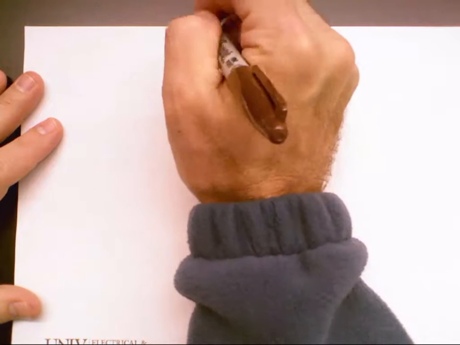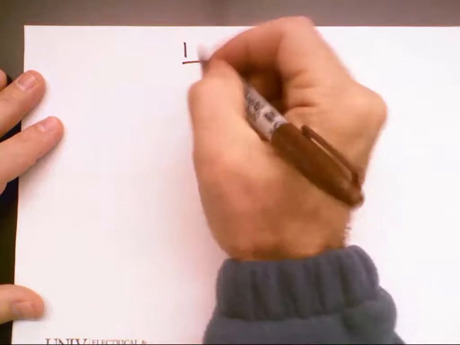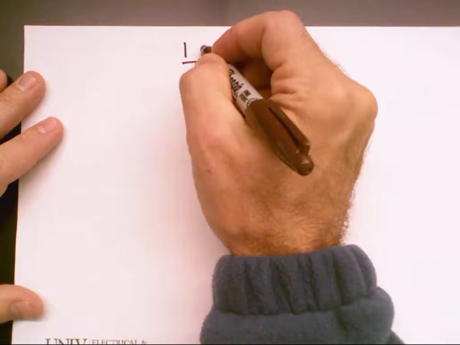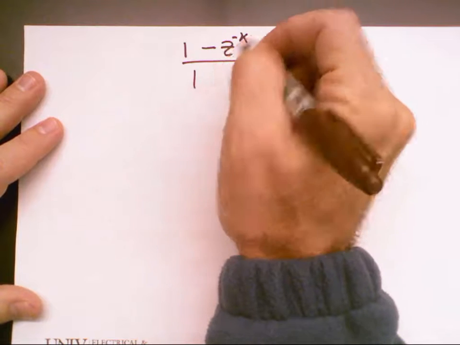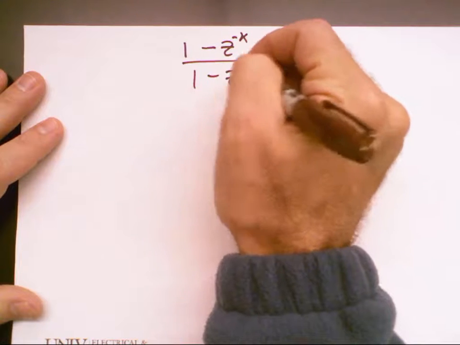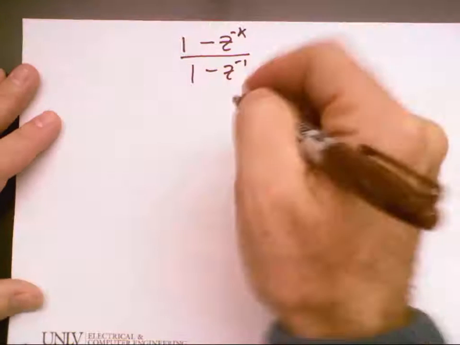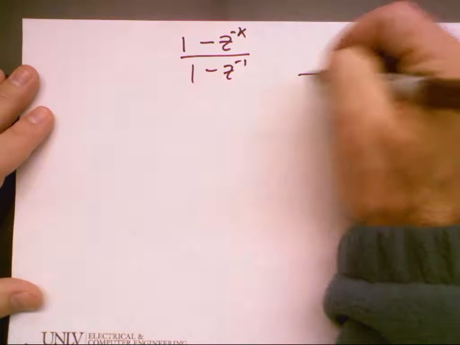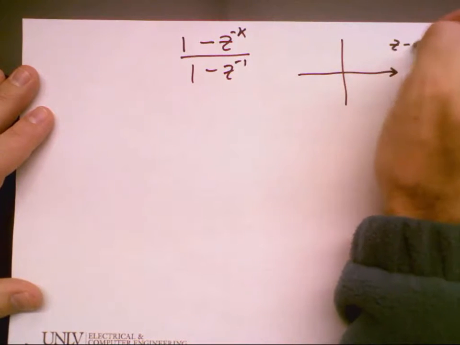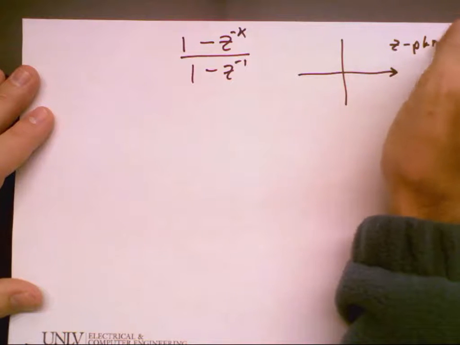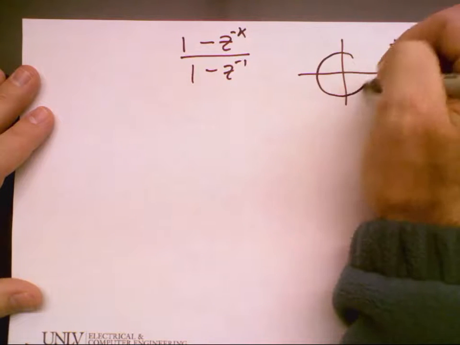Okay, I want to cover one other thing before we get going here, and that is I want to review the sync filter. So you remember our sync looked like this. What was the response for the sync? Right. And so if you plot on the complex plane, here's my unit circle.